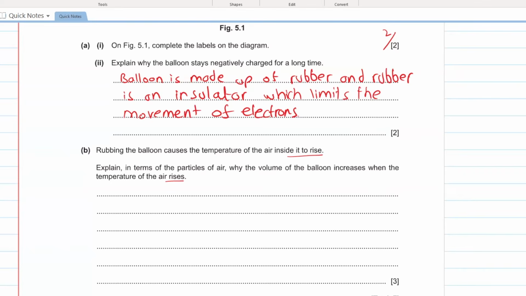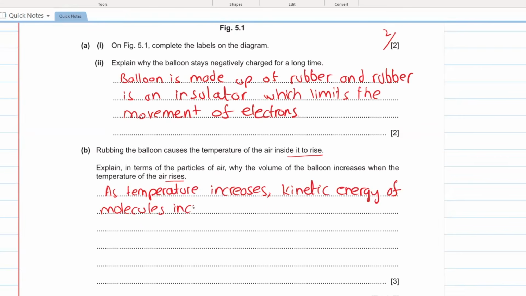Very, very easy. First of all, you will say: as temperature increases, what happens? The kinetic energy of molecules increases.